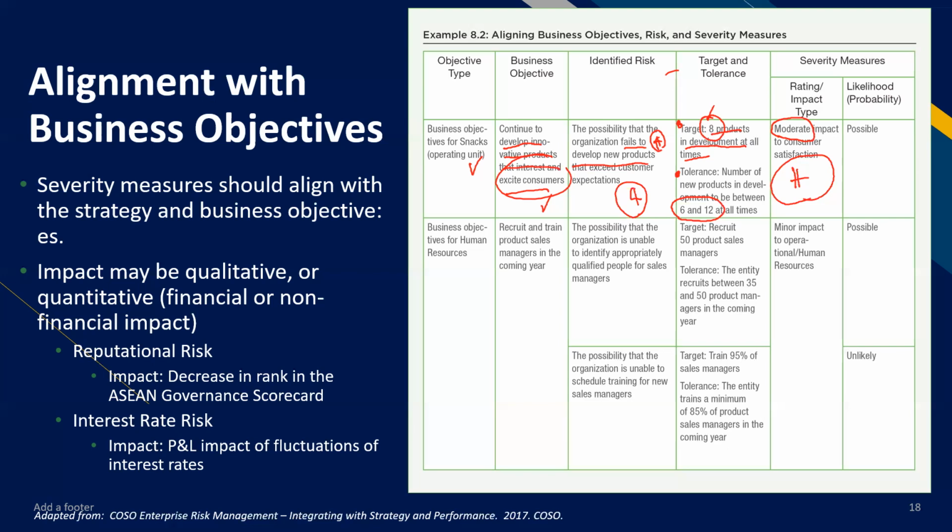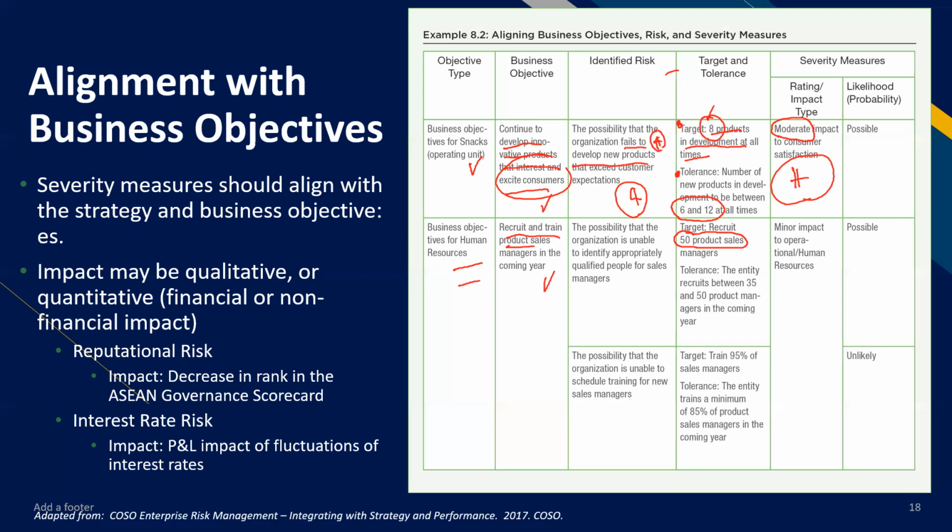So for example, business objectives for human resources, recruit and train product sales managers. That's the business objective. And because of that, the target is to recruit 50 product sales managers. No? And the tolerance is 35 to 50. Yun yung tolerable. Okay?